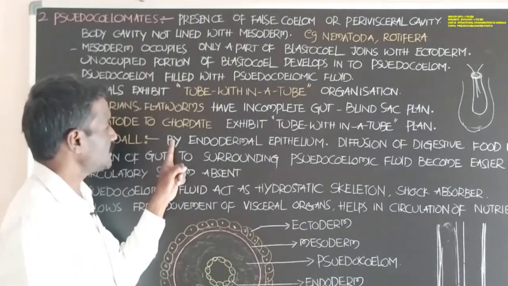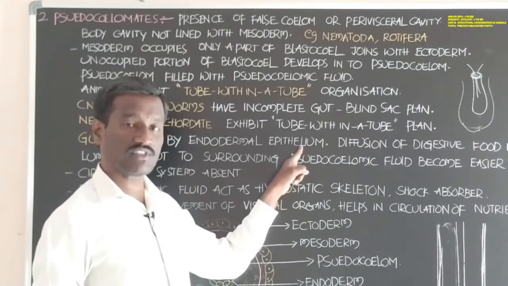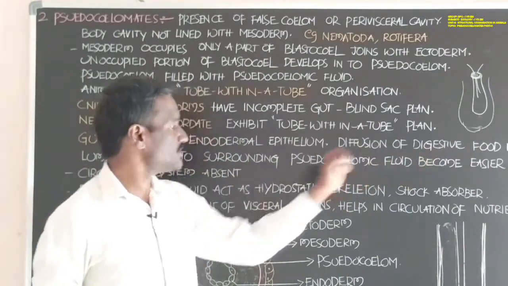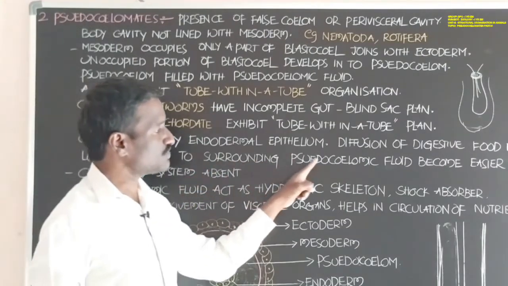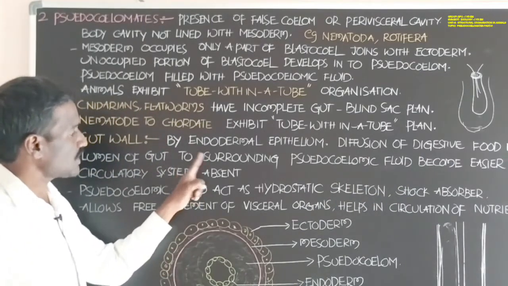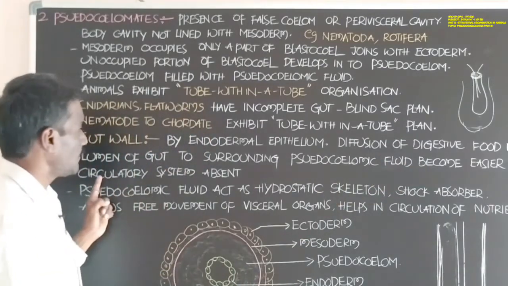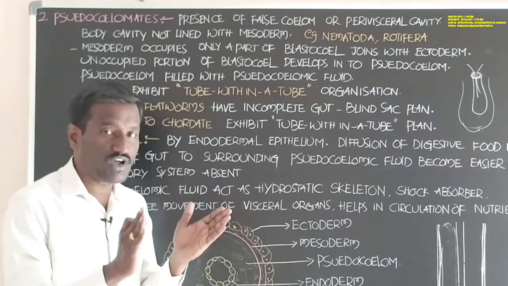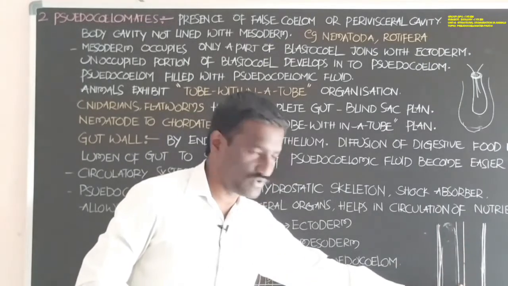Okay. Next, it is formed by endodermal epithelium, by epithelial cells of the endoderm layer, and diffusion of the digested food from the lumen of the gut to the surrounding pseudocoelomic fluid becomes easier. Student, in this, food is digested in the food tube.